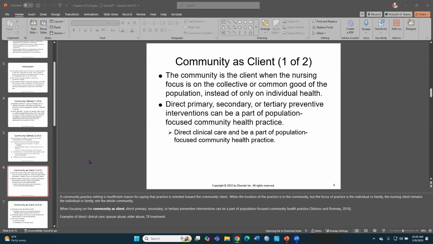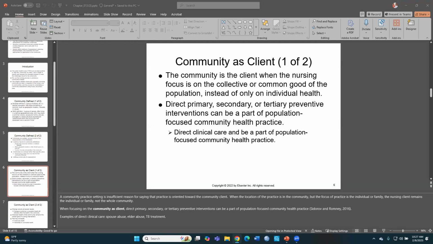So when we look at doing a community assessment, it is a comprehensive approach that's going to emphasize the community as a client, with the goal of providing benefit to the people in the areas as a whole, not just specifically to individuals.